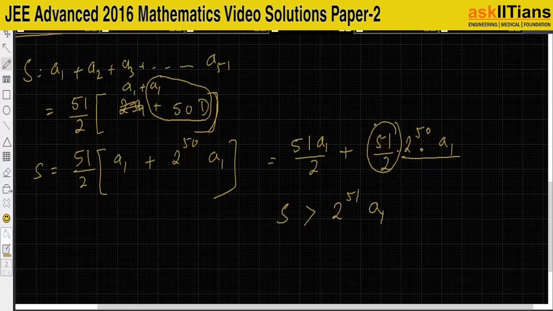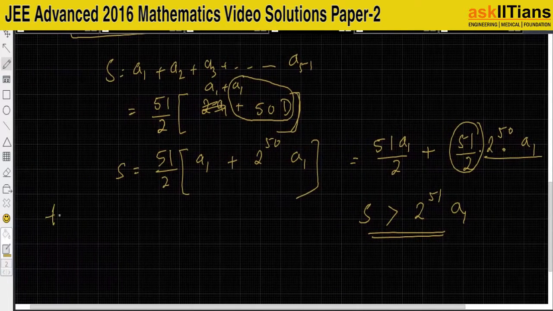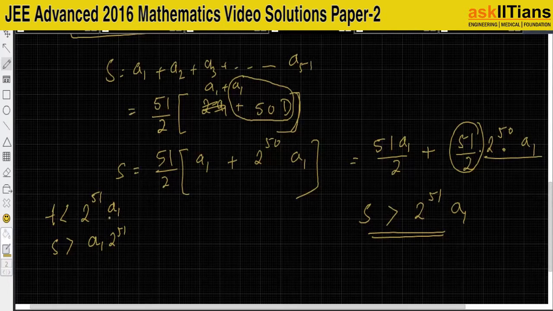So that is a very big factor, right? So this s will be surely greater than 2 power 51 into a1. So t is a quantity which is less than 2 power 51 into a1, and s is a quantity which is greater than a1 into 2 power 51. So s will definitely be greater than t. One thing I know for sure is that s is greater than t.